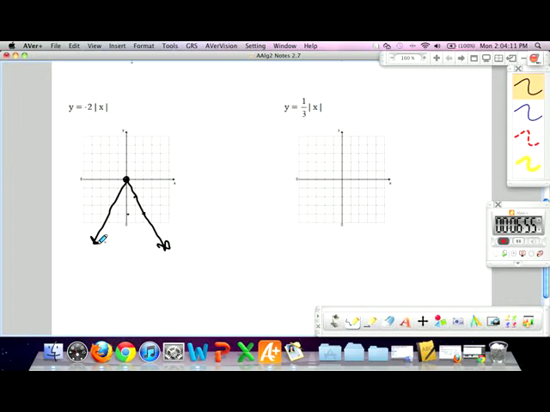This is vertically stretched by 2. I've pulled it apart, so now it's going down. Now it's changing by 2 for every one. It's also been something else.